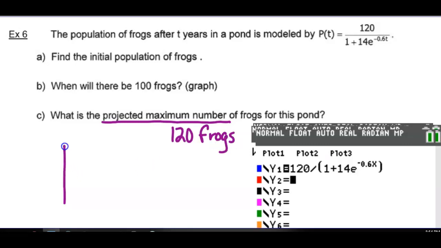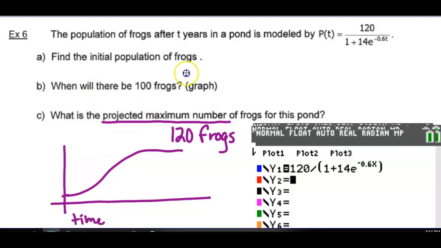Now, this graph is going to have the shape we just looked at. It's going to go like this. But to see that, we need to set a window where this is time. So we might have to look out a long ways. I think I put in 30 years to see how many frogs. I know though that it's going to cap out at 120. So this is the number of frogs, so I put over here for the y values like 0 to 150 for my window.